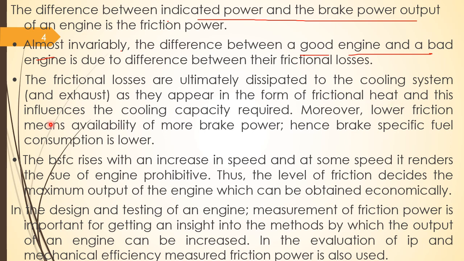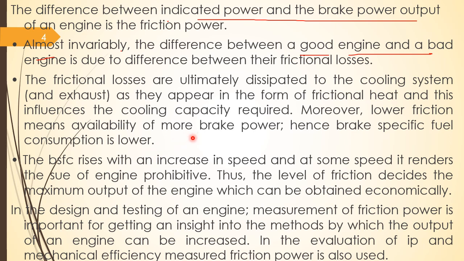For this kind of system, a cooling system with very good cooling capacity is definitely required. Moreover, with lower friction, more brake power is available, meaning more power is available at the engine shaft, and hence BSFC, the brake specific fuel consumption, is lower. What is BSFC, which we discussed in the previous video lecture?